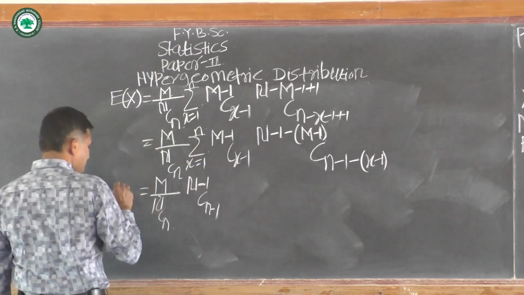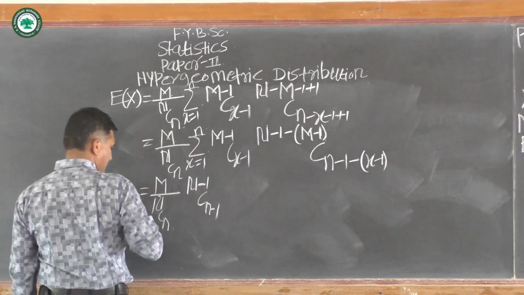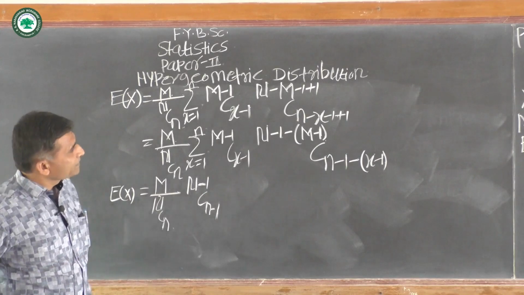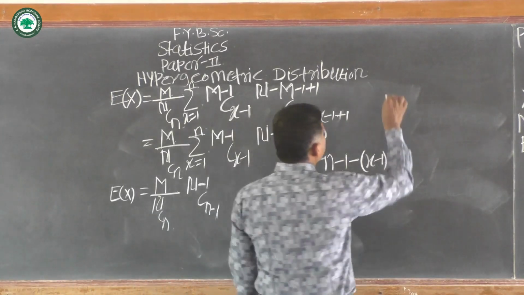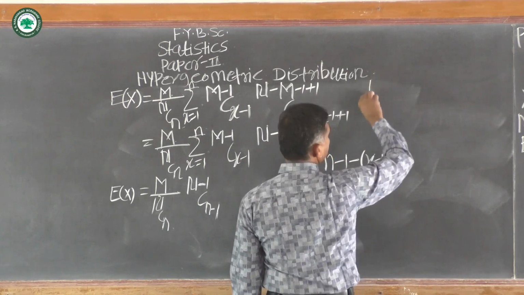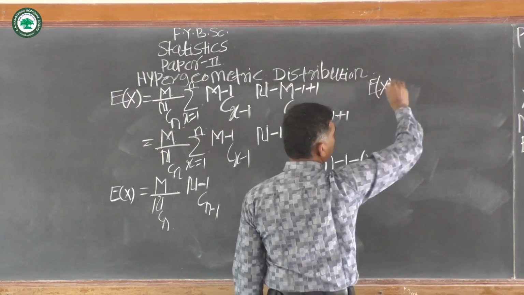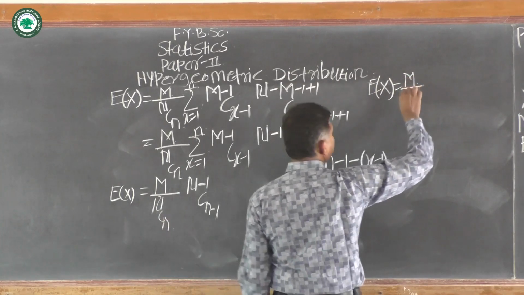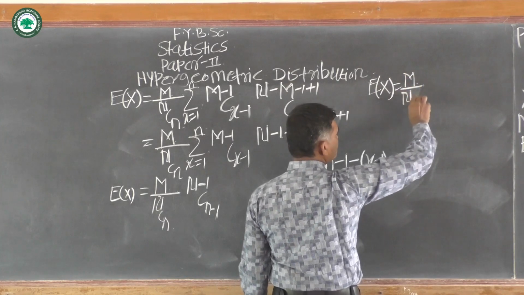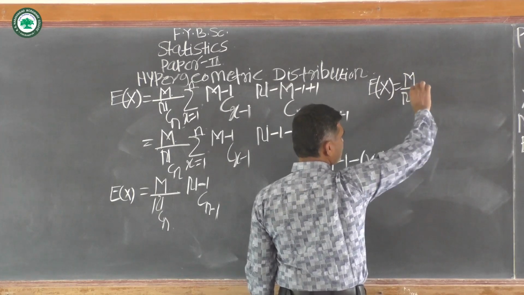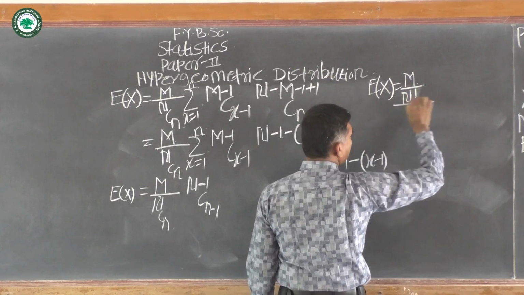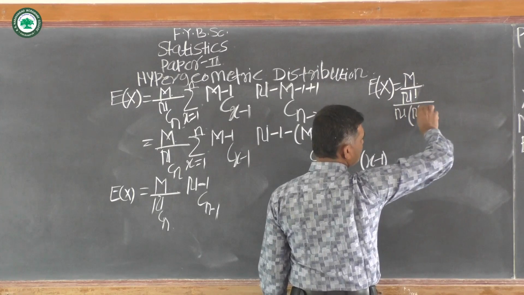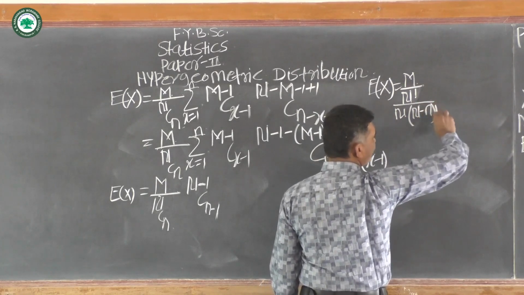Now we simplify this. This is the expected value of the random variable x, which is equal to M upon NCn, and NCn can be written as N factorial upon n factorial into (N minus n) factorial.